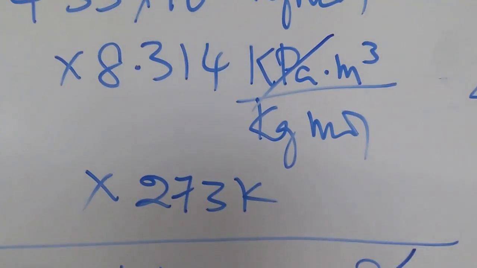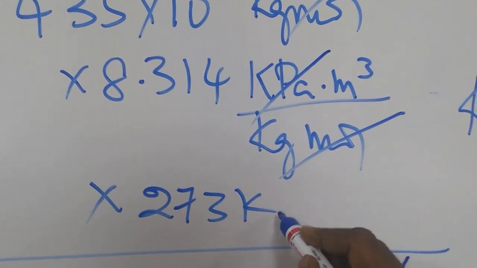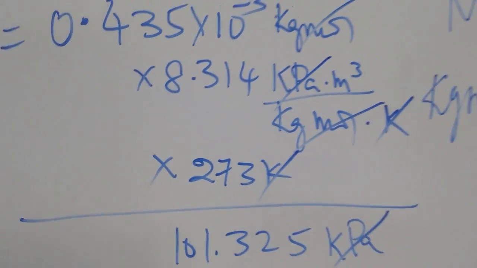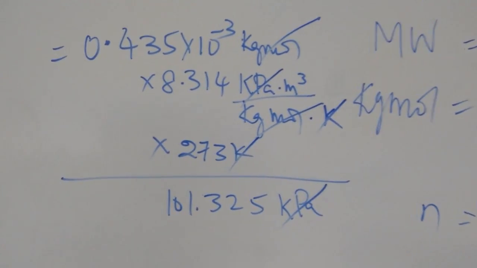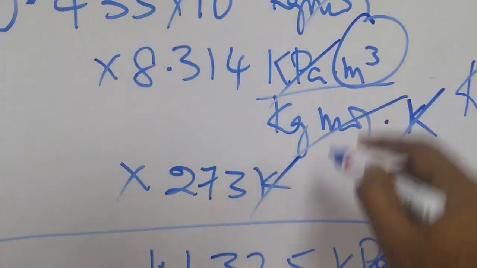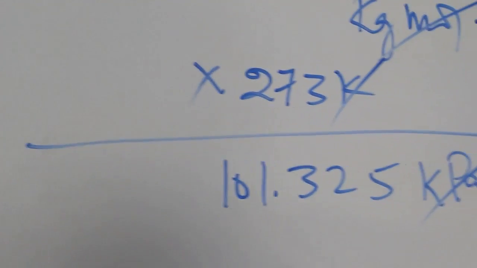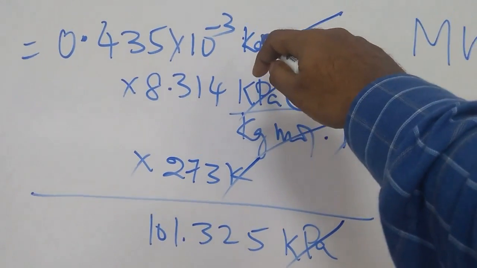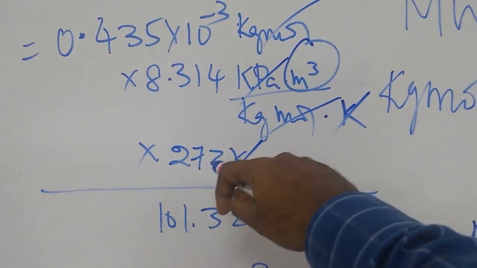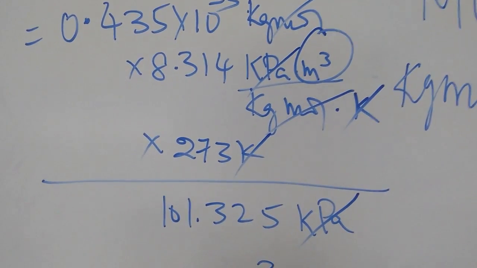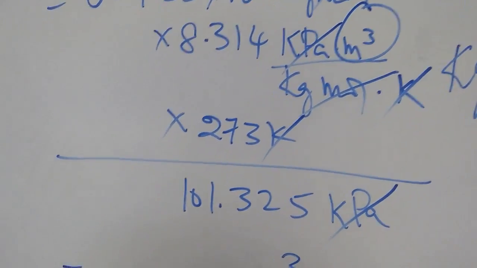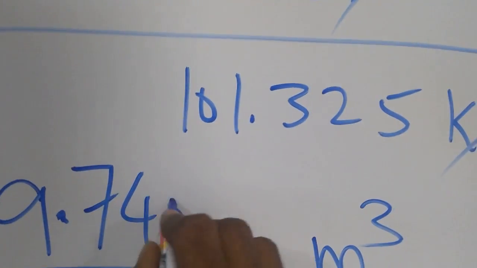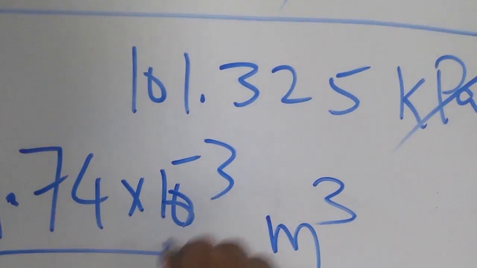So kilopascal cancels, kg mole cancels, Kelvin cancels. So what we get is the meter cube unit. Okay, so 0.435 into 10 power minus 3 multiplied by 8.314 multiplied by 273 divided by 101.325. What is the value? 9.74 into 10 power minus 3.